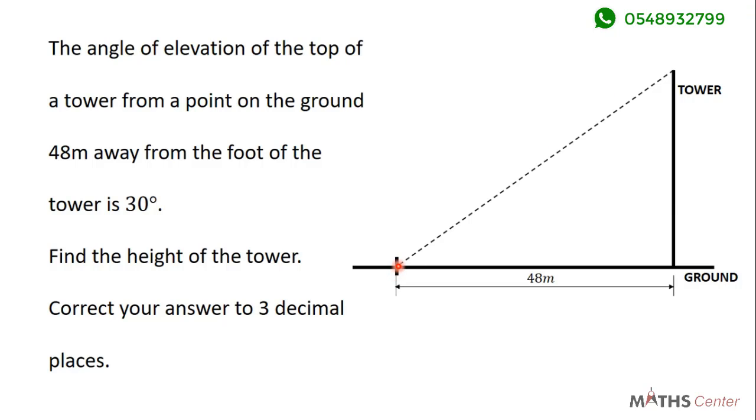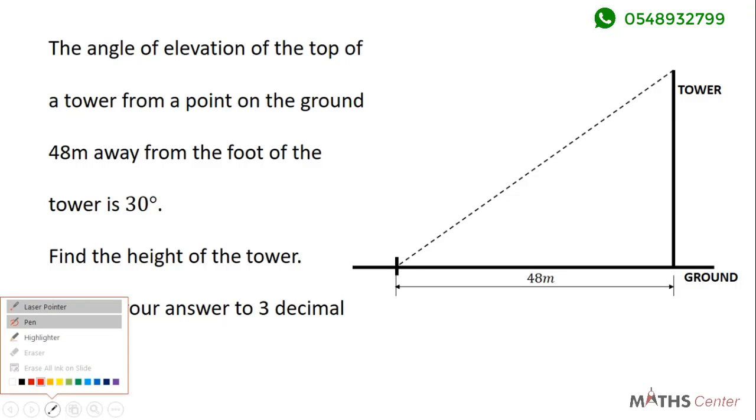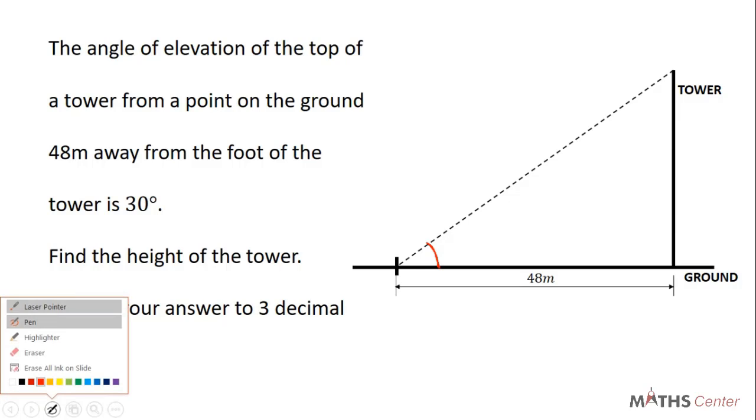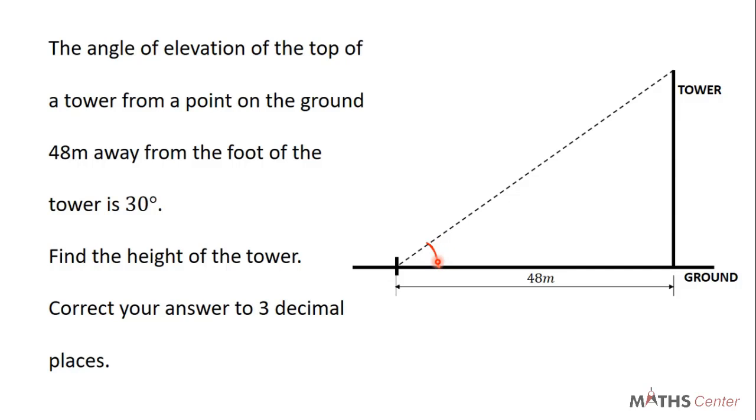If we draw a line from this point to the top of the tower, the upward angle that will be created is the angle of elevation. The question is saying that that angle is 30 degrees. So we can say that angle there is 30 degrees.